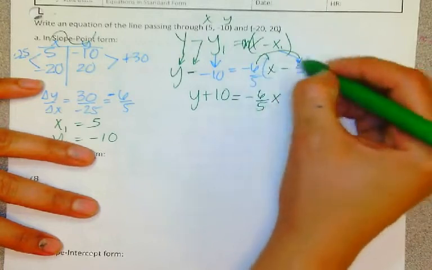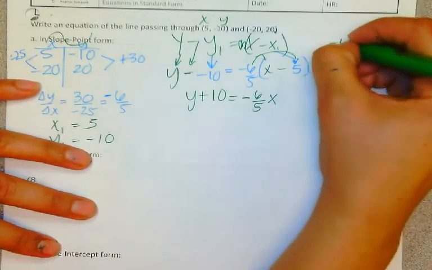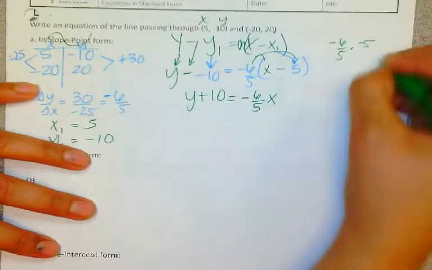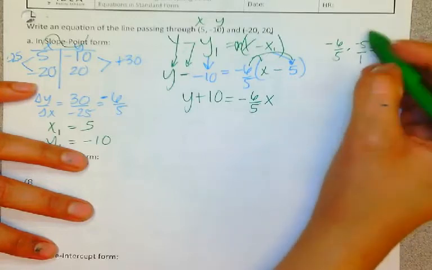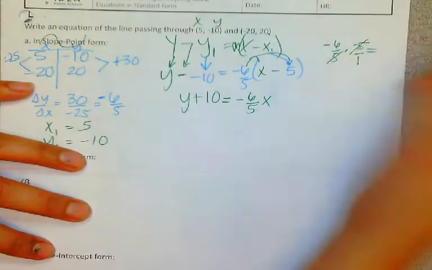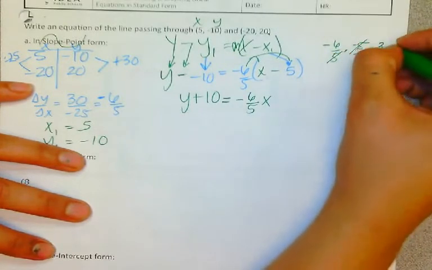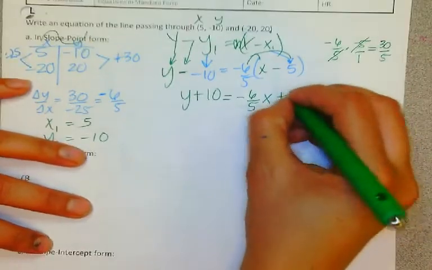Negative 6/5 times negative 5, if that's confusing to you, do it here on the side. You can put the 5 over 1, to multiply. You can either multiply across, or you can cancel out the 5s and multiply like that. Doesn't matter. If you multiply across, you have 30 over 5 positive, and that makes it 6.